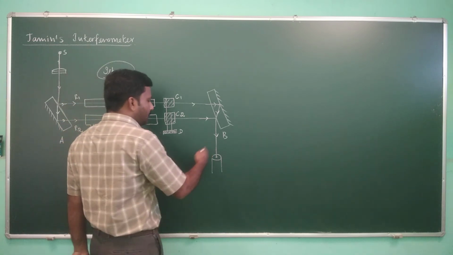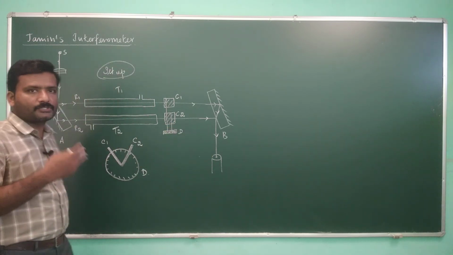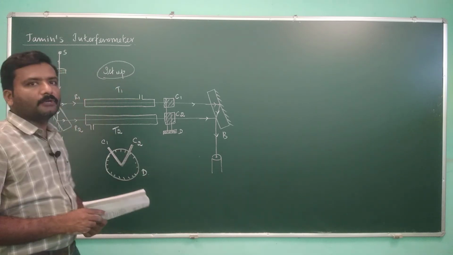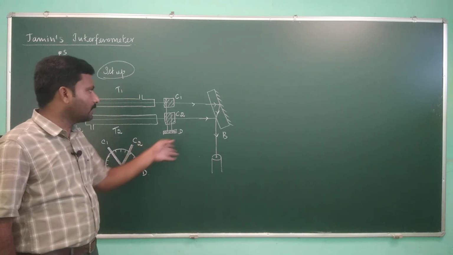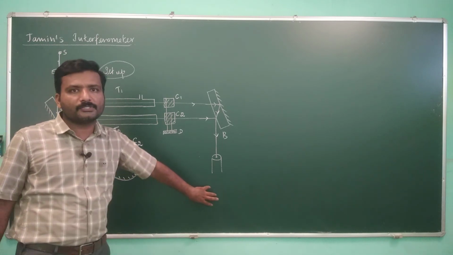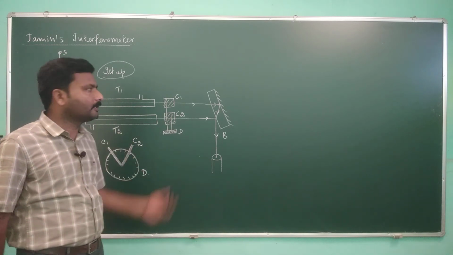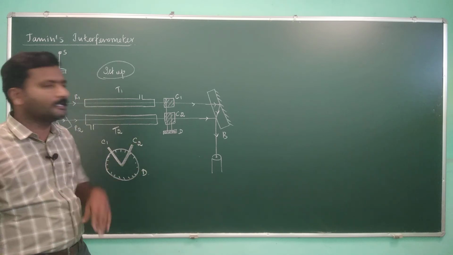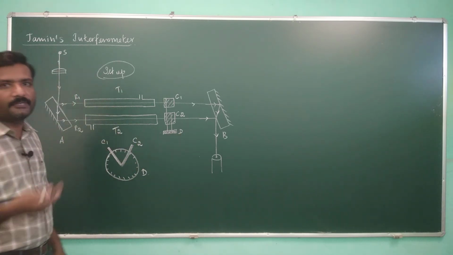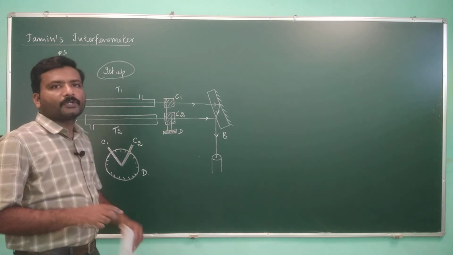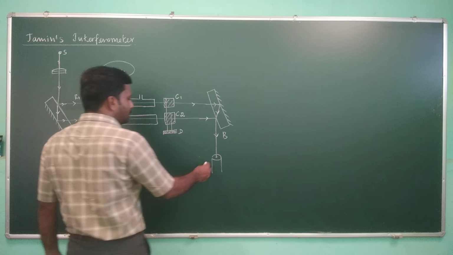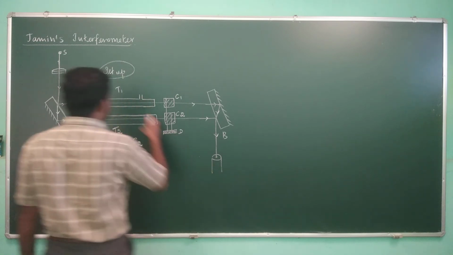So we can observe the movement of the fringes in one direction in the traveling microscope. We need to measure the number of fringes crossed when applying the gas pressure, and from that number of fringes crossed we can calculate the refractive index. But these fringes move very quickly, so it is very difficult to count the fringes when the gas is filled.